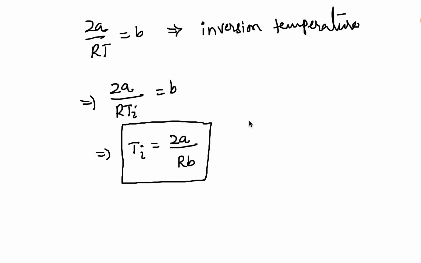These gases undergo Joule-Thomson cooling only at much lower temperatures. And the Joule-Thomson effect can be used to liquefy gases. In fact, Linde's process and Claude's process use the Joule-Thomson effect to make gases into liquids. So this is the Joule-Thomson effect and inversion temperature for real gases.